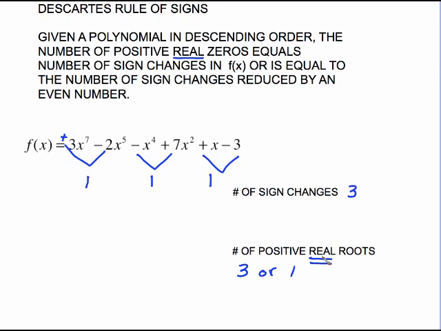That does not help us a whole lot because real also includes the irrationals. We could have 2 plus radical 5 being one of our roots, and we'd never guess that. That wouldn't be in our list of possible rational roots. So this is an example where using Descartes' rule of signs really doesn't help us in the grand scheme of things. But you still need to learn how to use the rule.